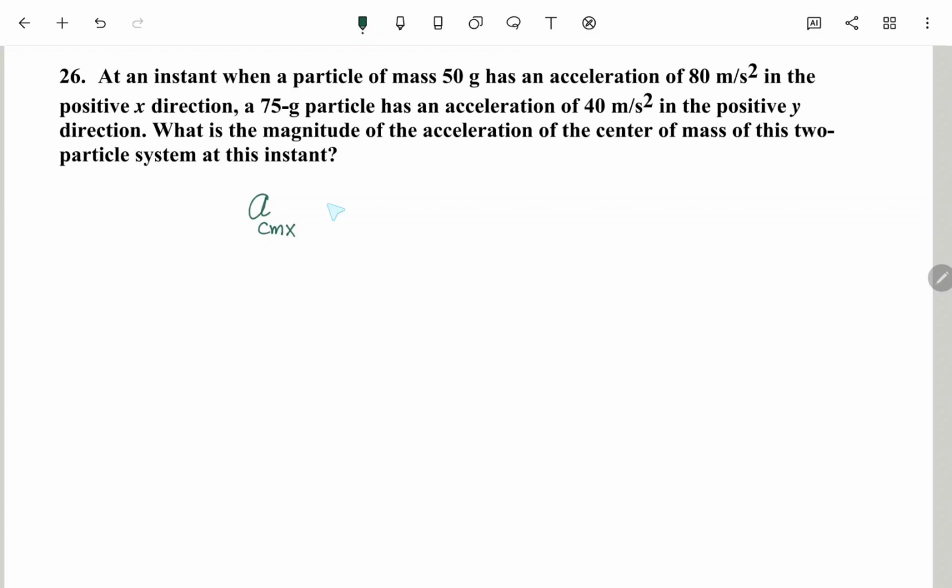A center of mass x equal to m1 a1x plus m2 a2x over m1 plus m2.